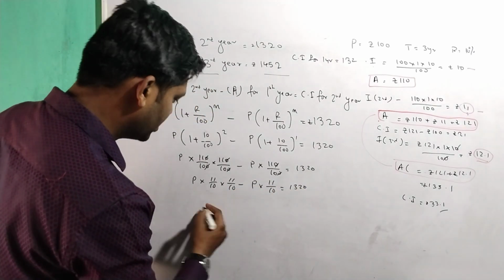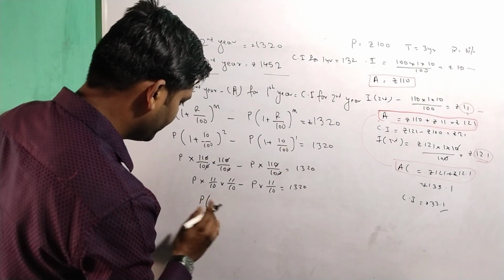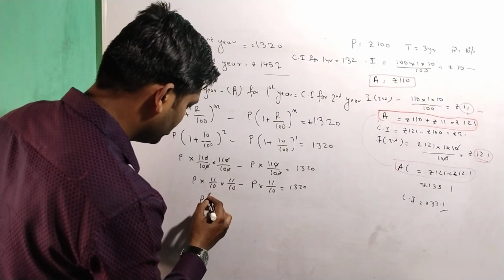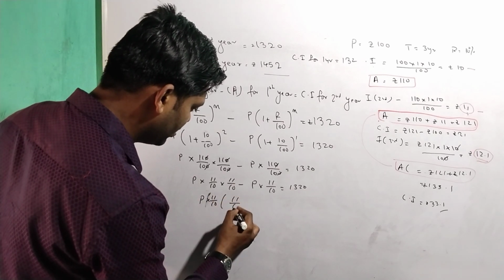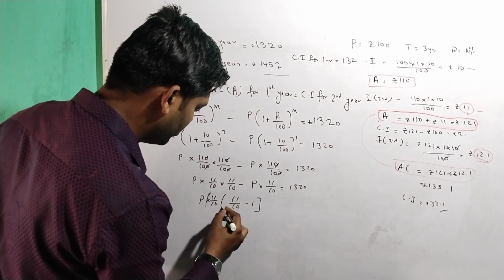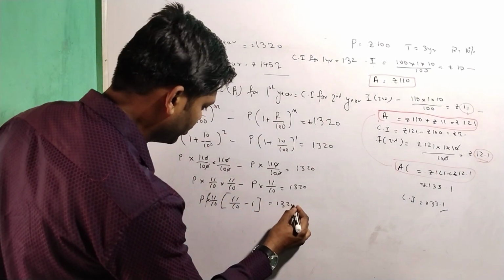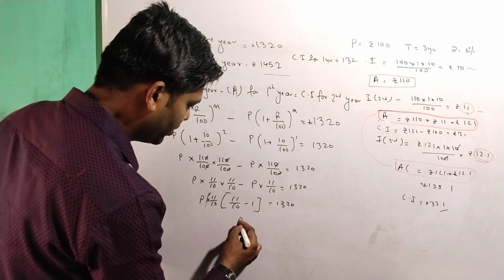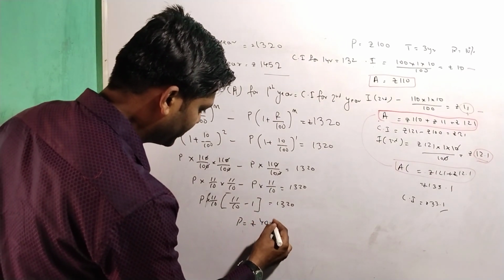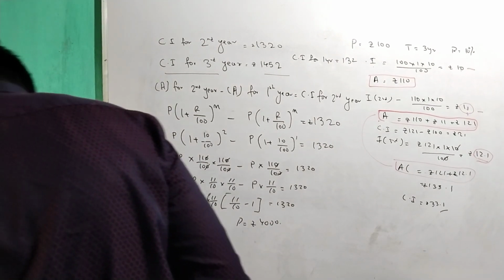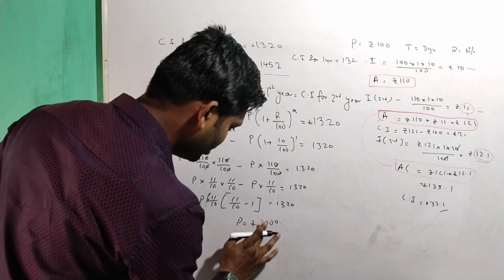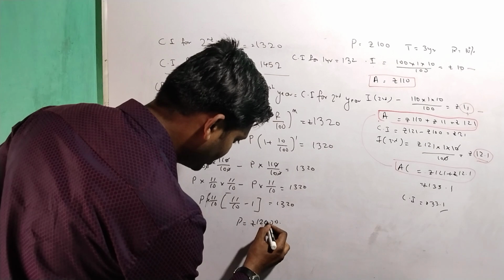P is common and 11 by 10 is also common. Two times, one time is left, minus, nothing is left. Do the calculation for P and you are going to get 12,000 rupees.